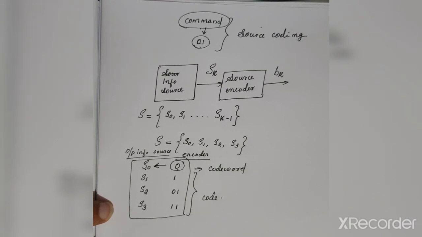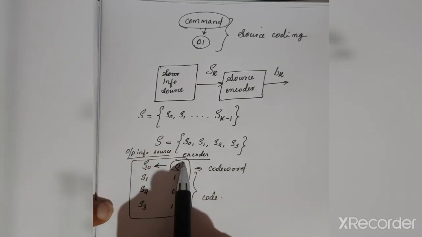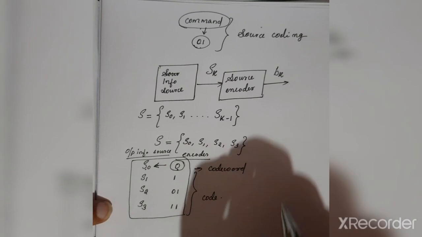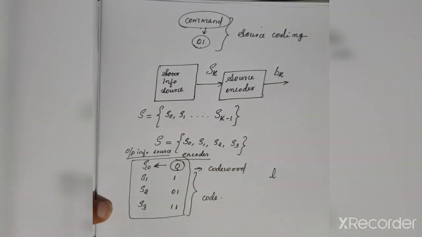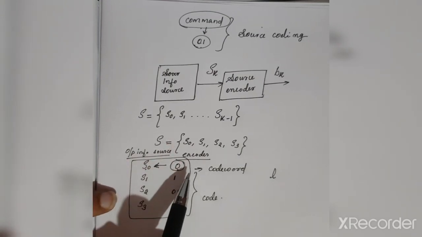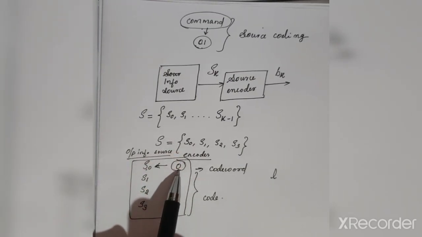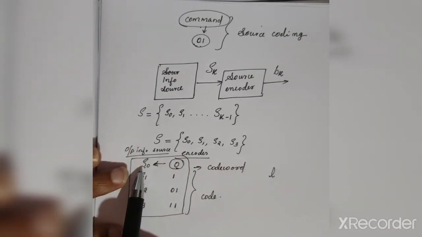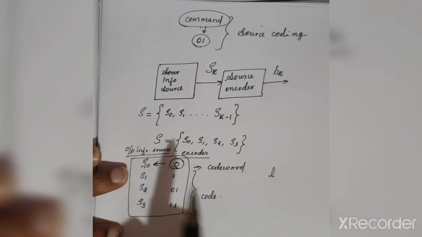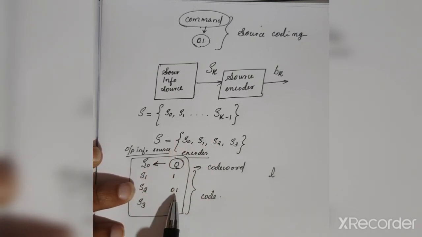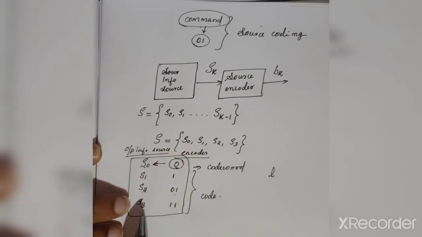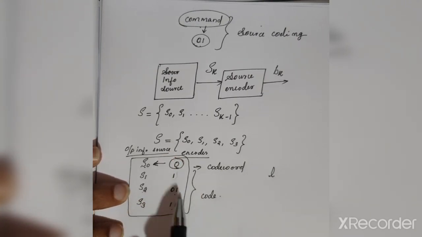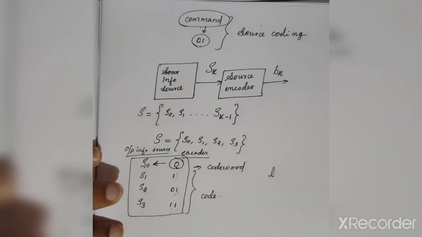Here the length of the code word for S0 is 1. I represent L as the length of the code word, which indicates the number of bits with which you are representing a particular symbol. For S2 the length of the code word is 2, and similarly for S3 it is 2. These are the code words and this set forms the code.